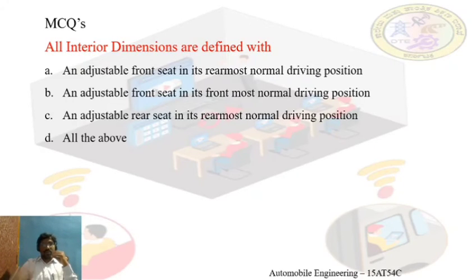Here the question is, whenever you are measuring the interior dimensions of the vehicle, what should be the position of the seat? The correct answer is option A. While measuring the interior dimension, the front seat should be positioned at the rearmost of its position, so that the driver will get more space.